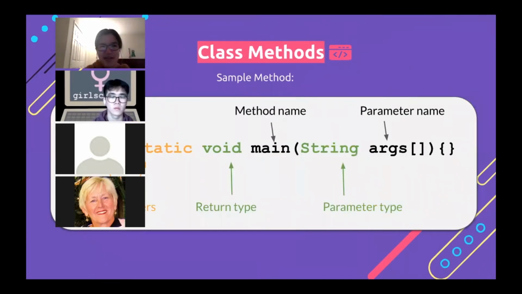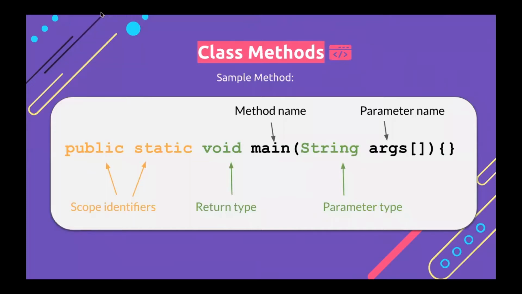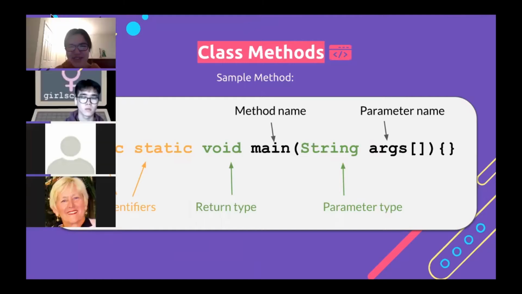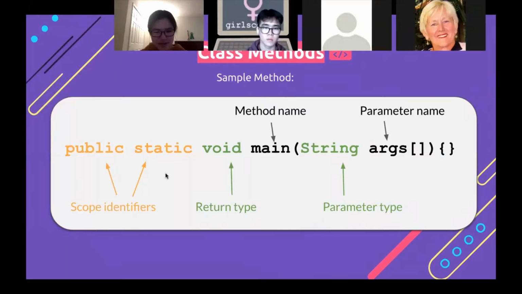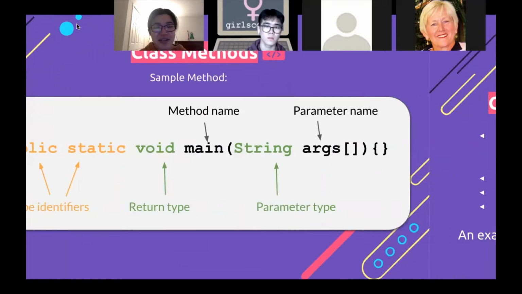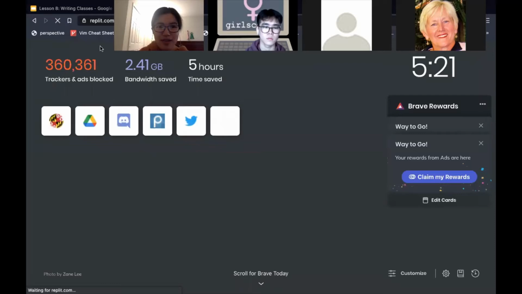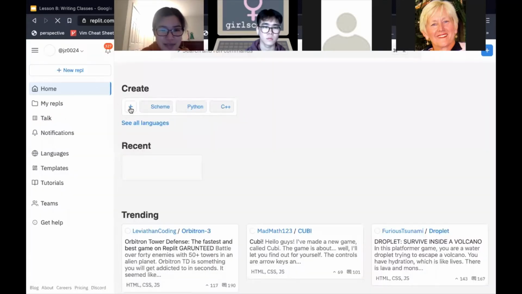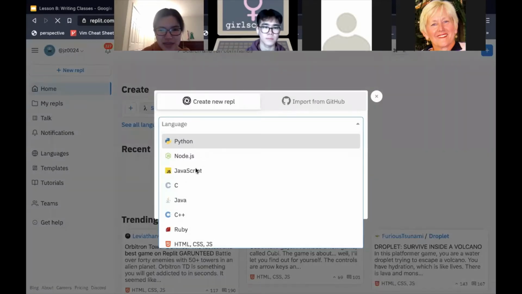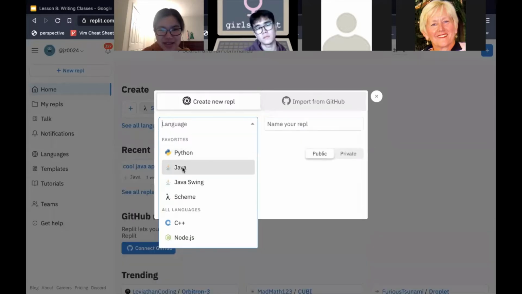We can also go further into class methods, and talk about how you can write a class method. What I'll basically do now is explain what this actually means. Let me bring up a repl, just an empty repl, and we can explain this main method.